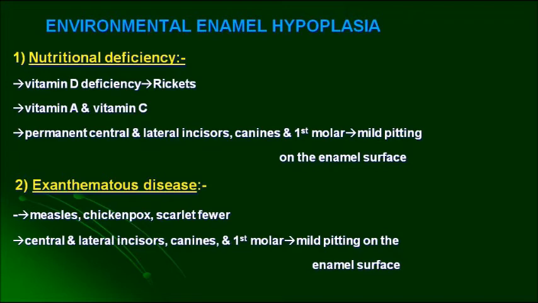During pregnancy, if the mother is affected with some kind of disease, it can cause a developmental disturbance in the tooth surface of the developing newborn. The diseases can be measles, chickenpox, scarlet fever, etc. So that is environmental enamel hypoplasia. It is not that important, but just note down, you should have an awareness about the types of environmental enamel hypoplasia: nutritional type and exanthematous diseases type.